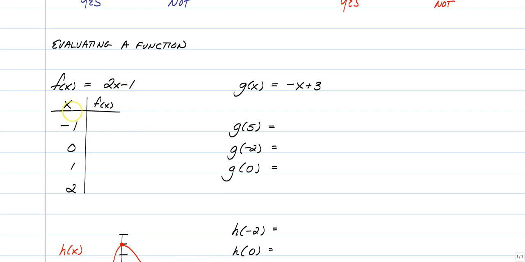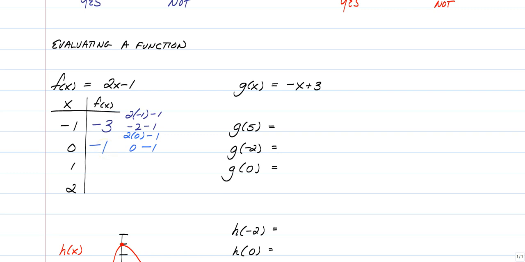If I were to say find f of negative 1, or what does f of x equal when x is negative 1, we would just say 2 times negative 1 minus 1. 2 times negative 1 is negative 2, minus 1 gives us negative 3. So that's how you substitute. I'll show you once more. Now x is 0, so 2 times 0 minus 1. 2 times 0 is 0, minus 1 is negative 1. That's how you evaluate in this format.